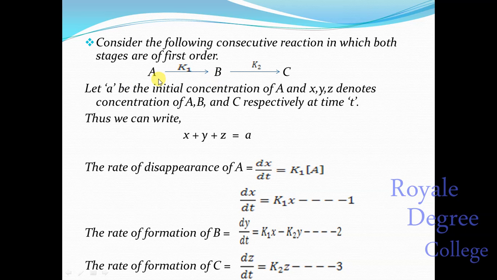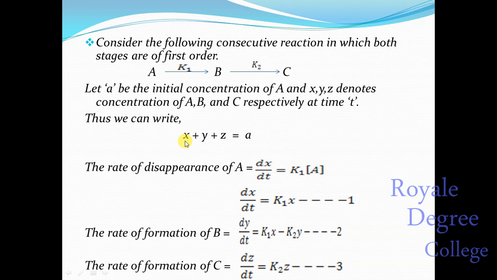From that we get the final product C. Let the initial concentration of A be small a at time 0, and the concentrations of B and C are 0. After time t, the concentration of A will be x, of B will be y, and of C will be z.